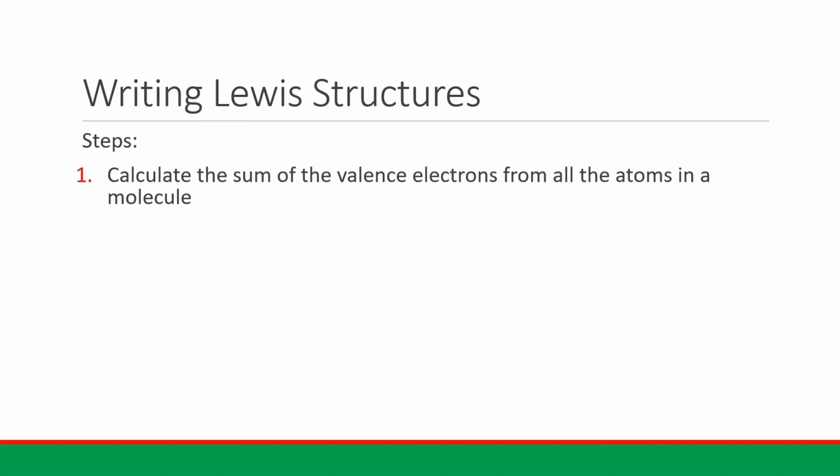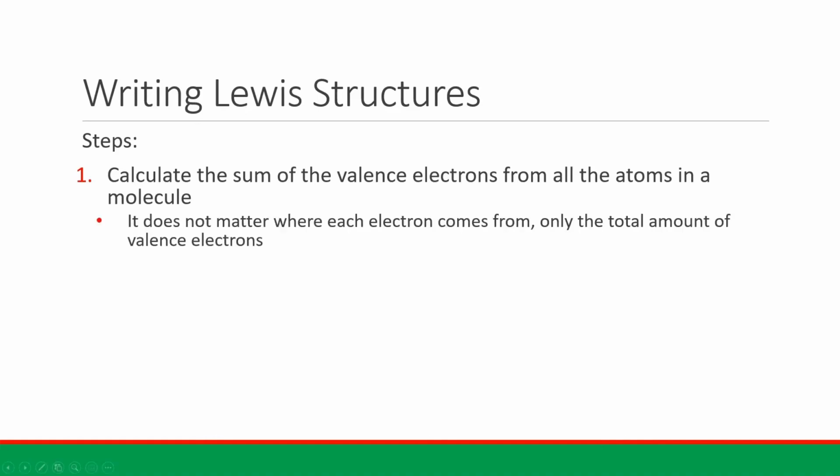So you're going to take each individual atom and figure out how many valence electrons it's contributing to the structure, and that is going to be the total sum that you have. Now, we are not going to care at all as to where those electrons are coming from, just the total amount of valence electrons.